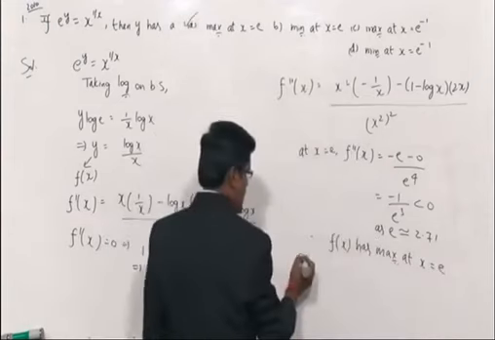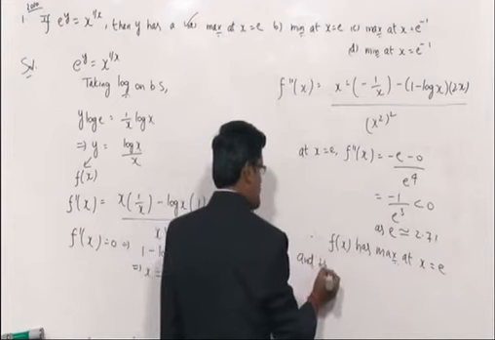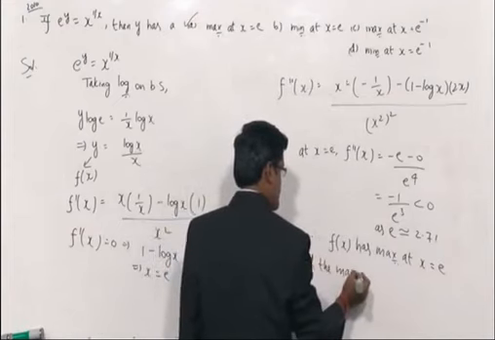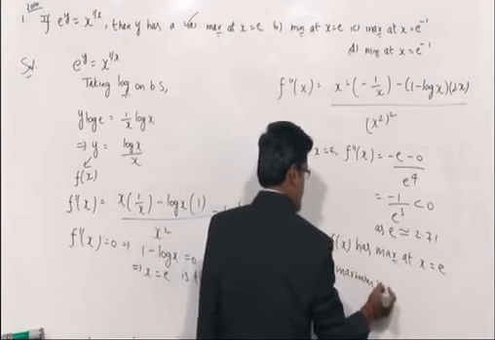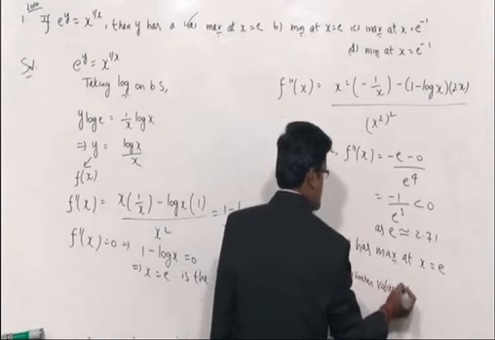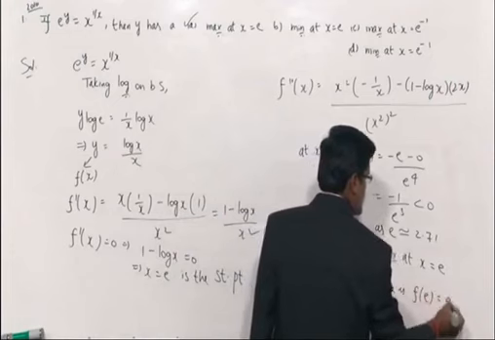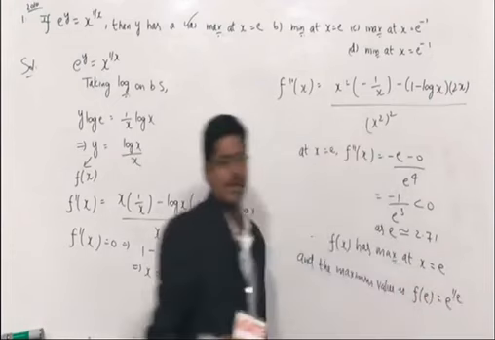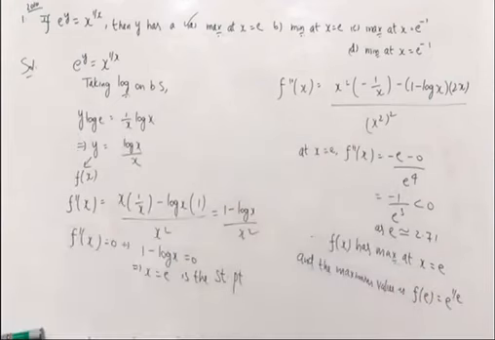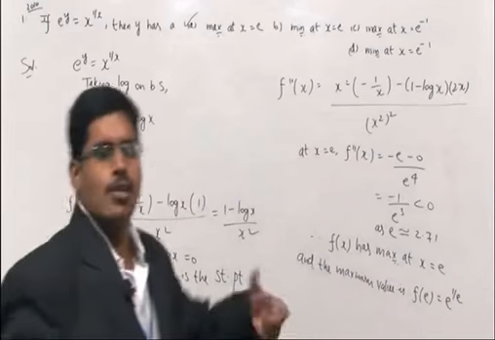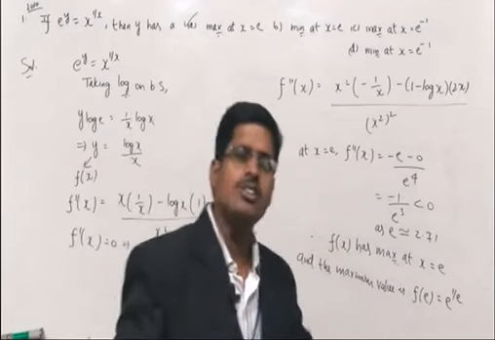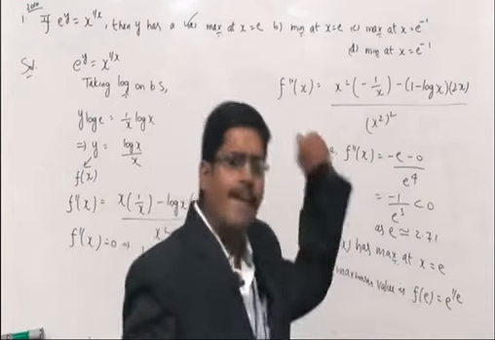But I am finding the maximum value, and how to find this maximum value is to substitute this point e in the function, that is f(e) is equal to e raised to 1 by e, e to the power 1/e. So once we decide a point is maximum or minimum, how to find the maximum value or minimum value: substitute the corresponding x value in the function.